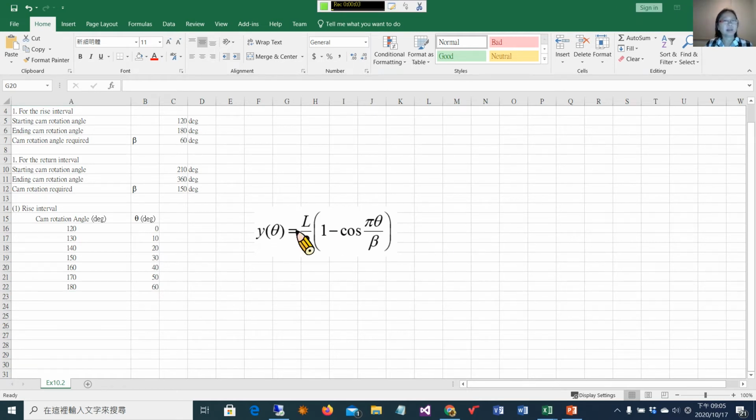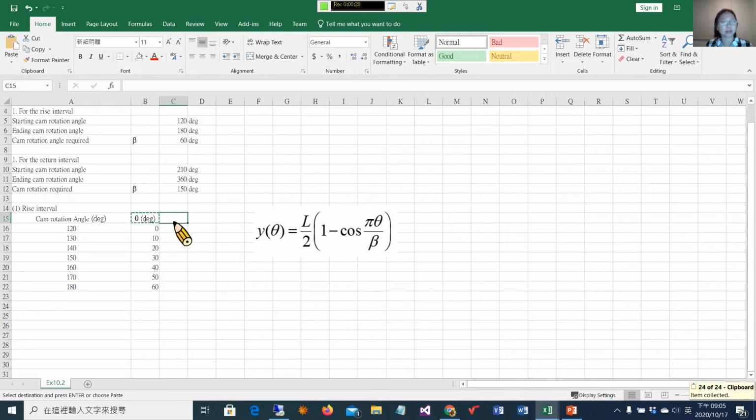We see the formula of harmonic motion is a cosine function. The Excel cosine function returns the cosine of an angle given in radians, so we need to use the radians function to convert degrees to radians.